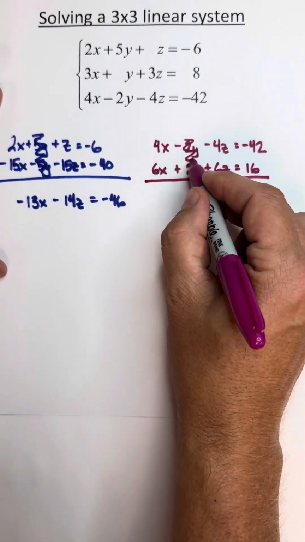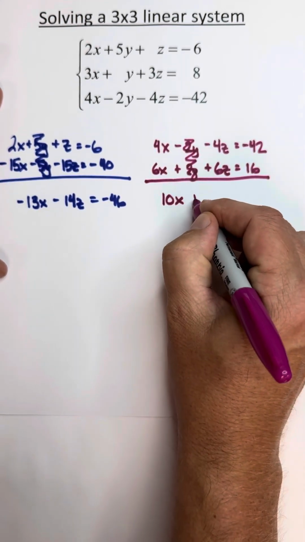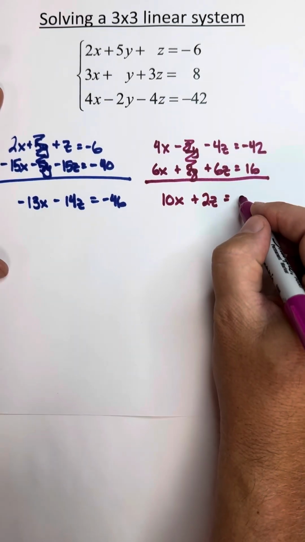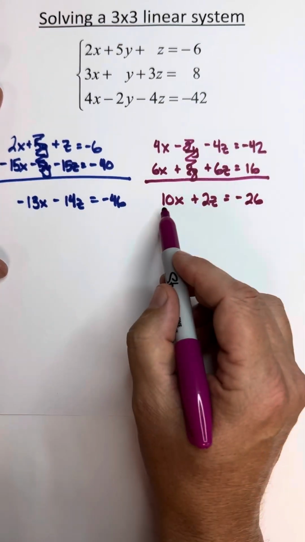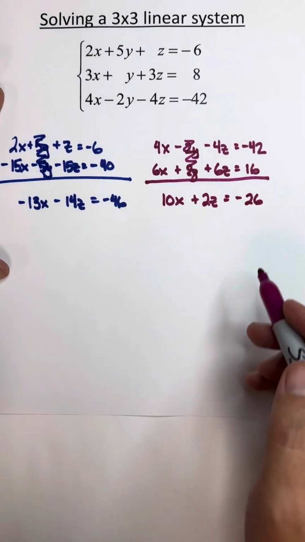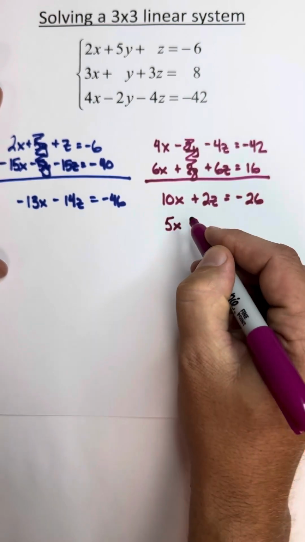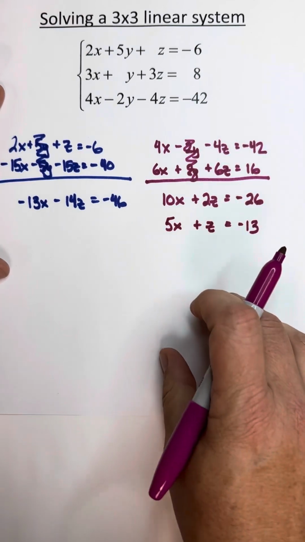And we add together, the y's are going to add away, so we get 10x plus 2z equals -26. Now all these numbers can divide by 2, so I'm going to go ahead and do that and make this 5x plus z equals -13.